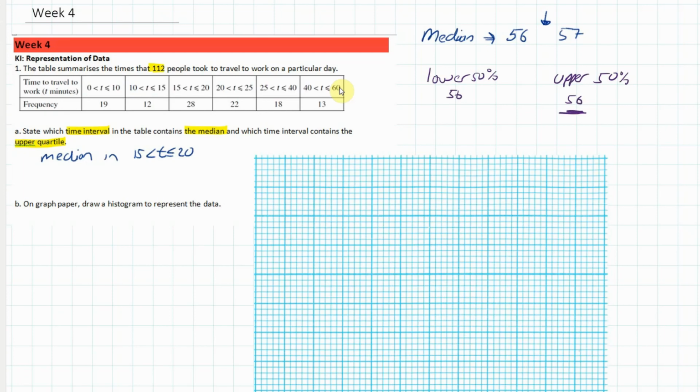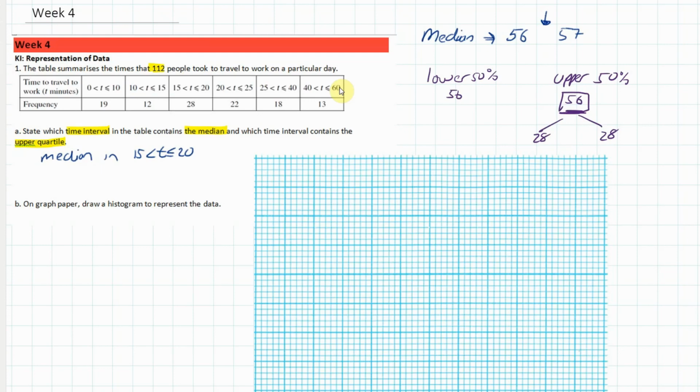So we take this amount here, we divide it by 2, and you see you've got 28. So we want to find the upper quartile. We divide that 56 in 2, so that gives us 2 lots of 28.